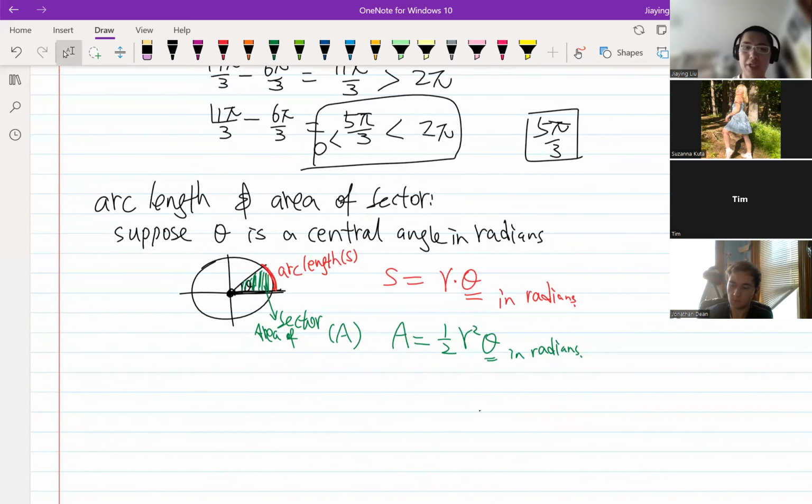With theta in radians, it's a lot easier to calculate the arc length or area of sector. Now, if you are given that theta is in degrees, all we have to do is convert the degrees to radians first and then use it in those formulas. So for example, suppose we have a central angle of 25 degrees.